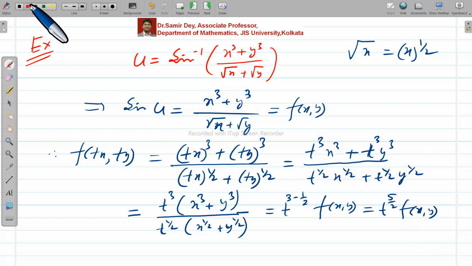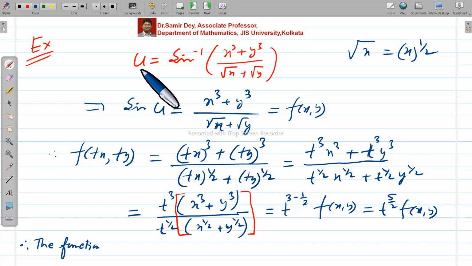So here this one is a function of x, y. Correct? So now we can see this equals that. Please write down the conclusion. Therefore the function, which one, u or sine u?